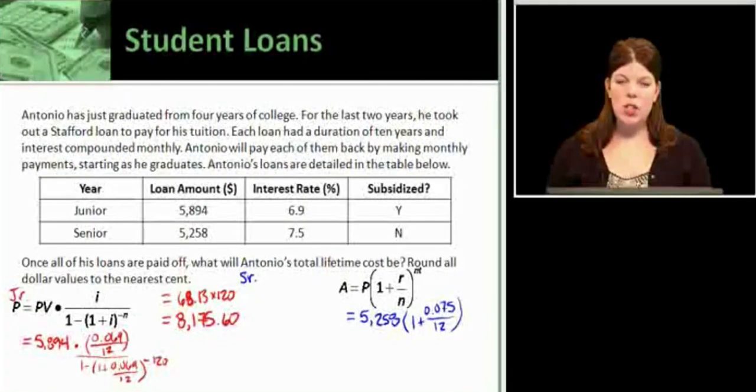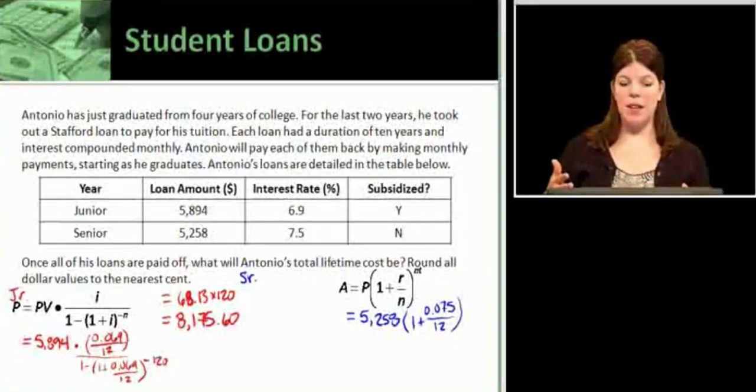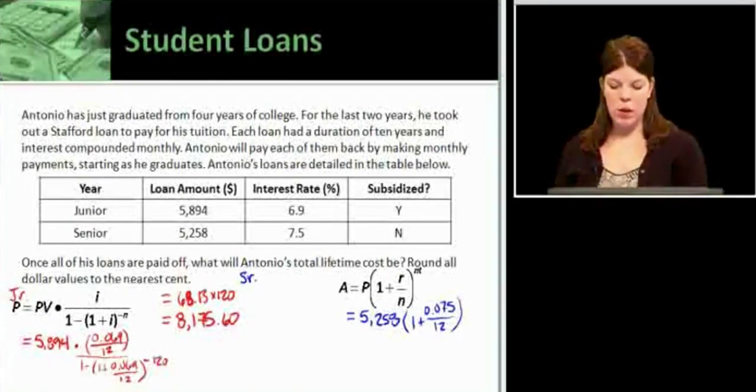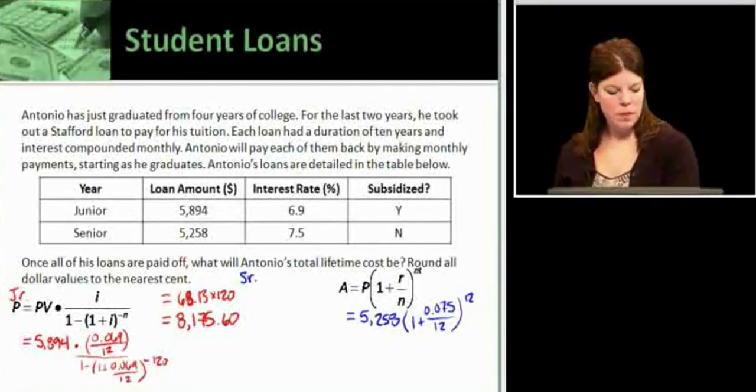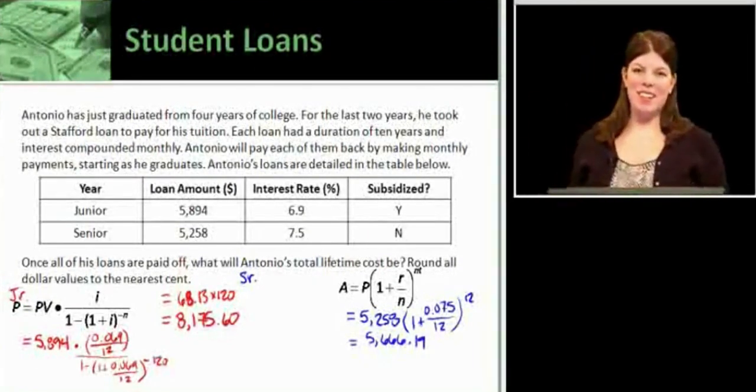And this is all raised to the total number of periods. It's compounded 12 times a year, but it's only his senior year, so it's only for 1 year. So 12 times 1 is just 12. This gives you $5,666.19. This is how much the loan is going to be at the end of the year.